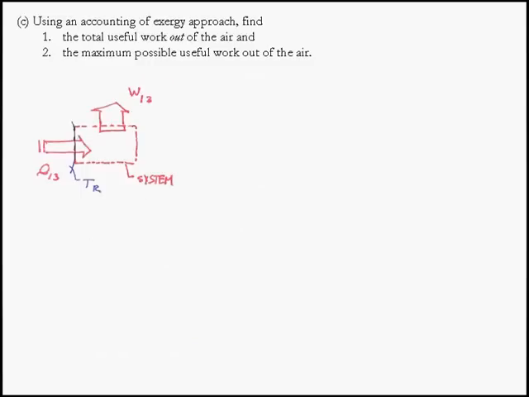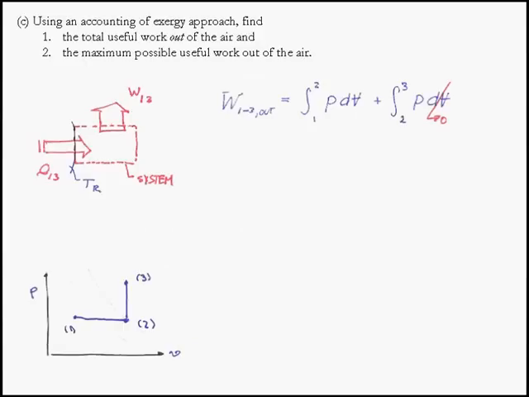So to find the work, we're going to use our good old integral of P dV. That's going to be the work out of the process. And I can go from 1 to 3 in steps. I can go from 1 to 2, and then from 2 to 3, reminding myself what my PV diagram looks like. I see that 2 to 3, being constant volume, has no work out, and all the work is from 1 to 2. And I've conveniently picked a closed system, so I can use this integral.